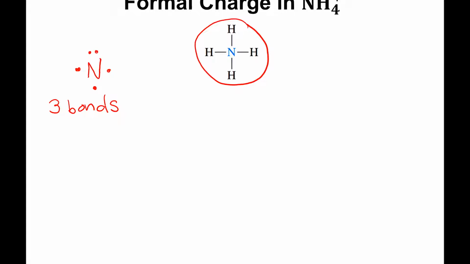To do this, we actually have to remove an electron. If we remove an electron from the valence shell, nitrogen only has 4 valence electrons. 1, 2, 3, 4. Now it can make 4 bonds.